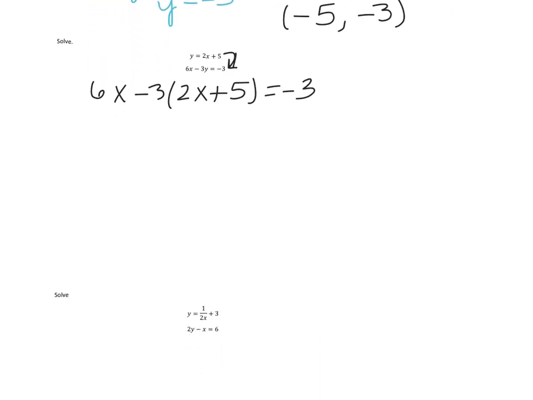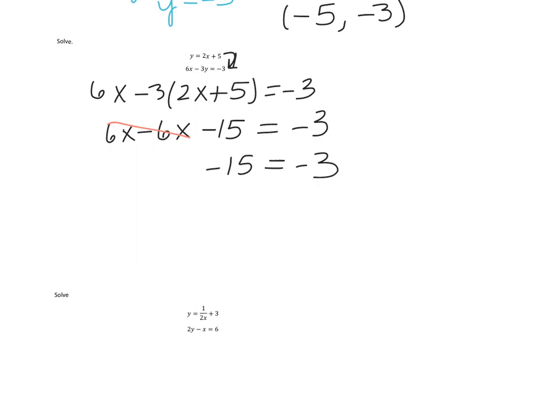So get rid of our parentheses by distributing that negative 3. Combine like terms. Oh, what's 6x minus 6x? It's 0. So that goes away, and we're left with negative 15 equals negative 3.